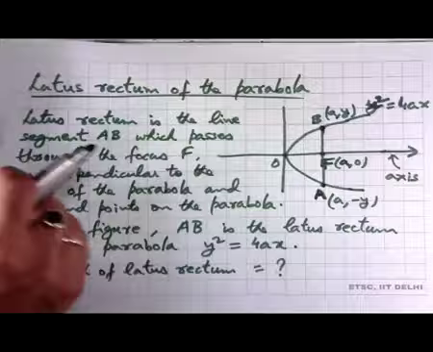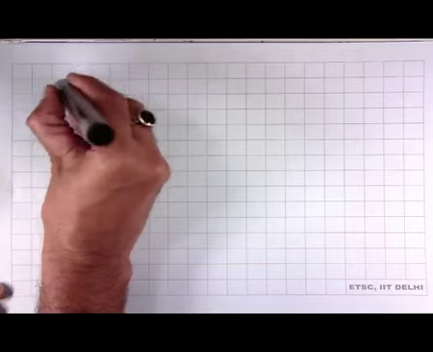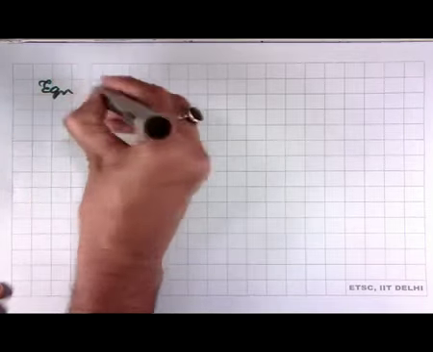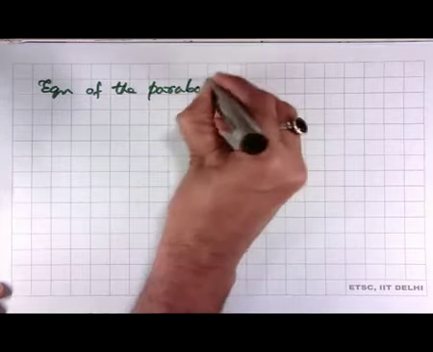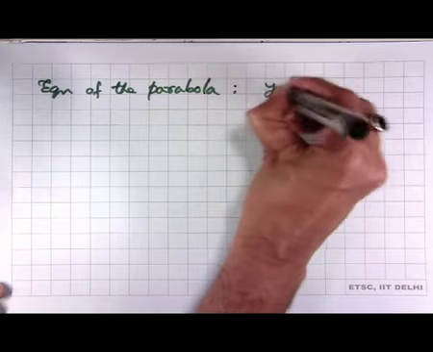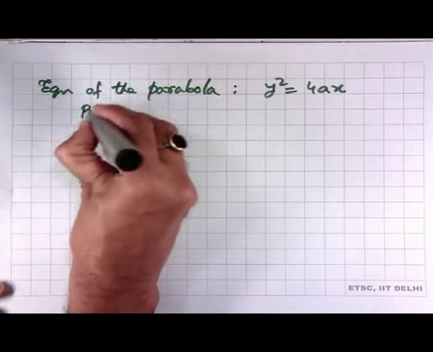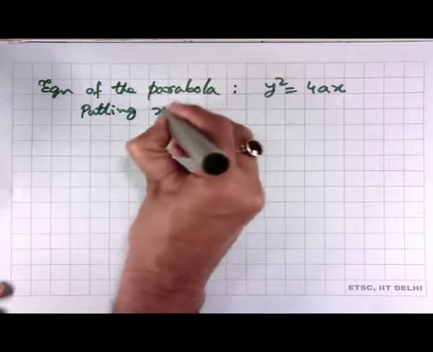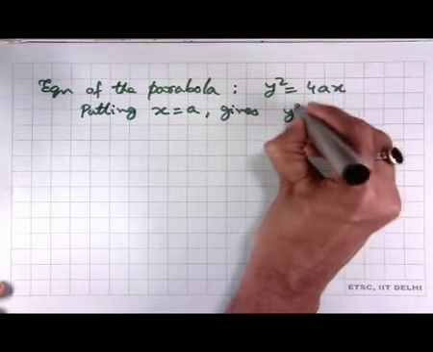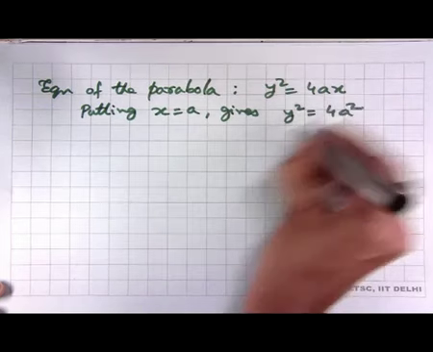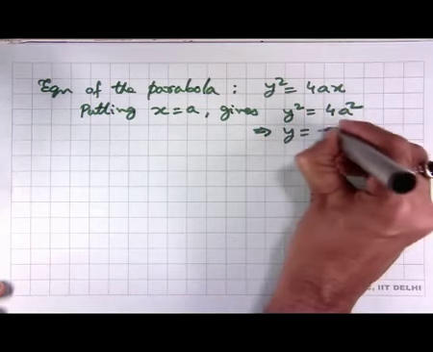Because we have the equation of the parabola y square equal to 4 a x, putting x equal to a gives y square equal to 4 a square, which means y is plus or minus 2 a.